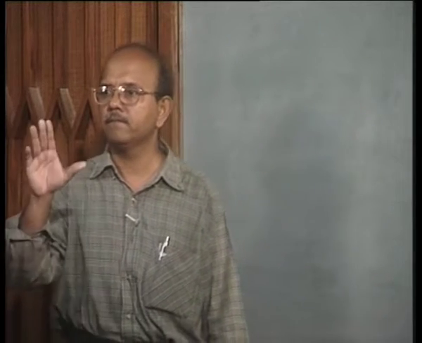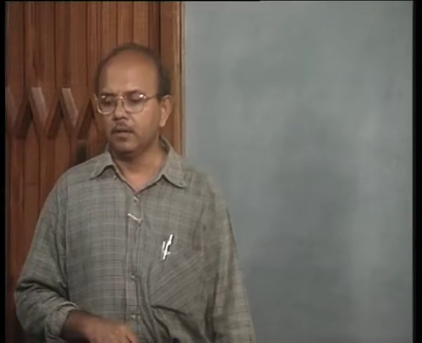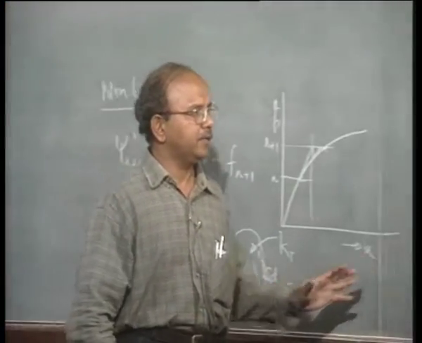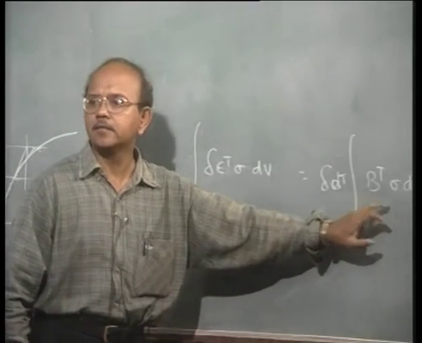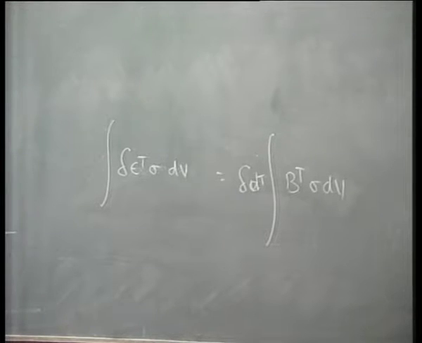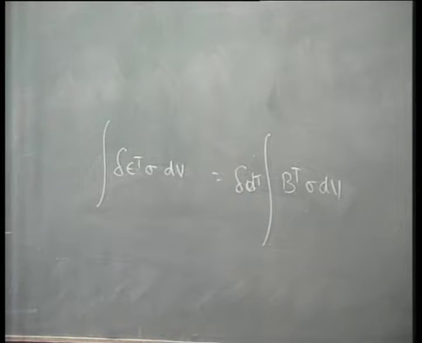Is it clear? Okay. Now, how do I get this term? This is very simple. So for 1D, I can very easily understand what's happening. It's just the slope at that point. Okay. What is it here?